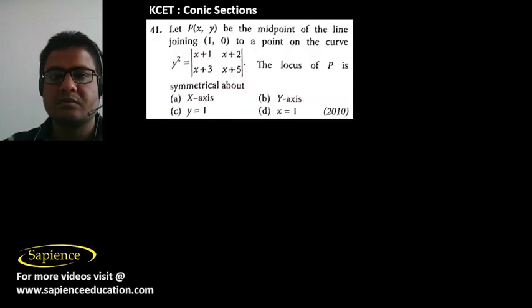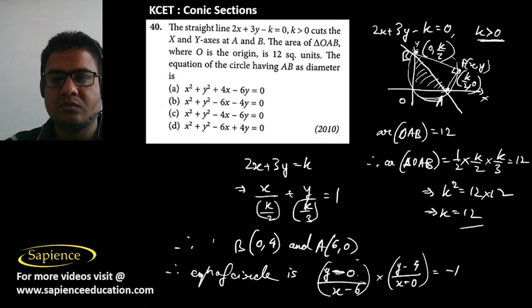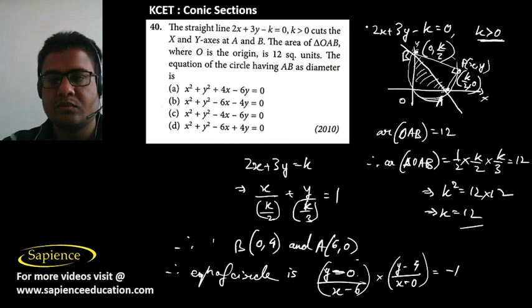So therefore we can say this will be y into (y minus 4) equal to minus x into (x minus 6).